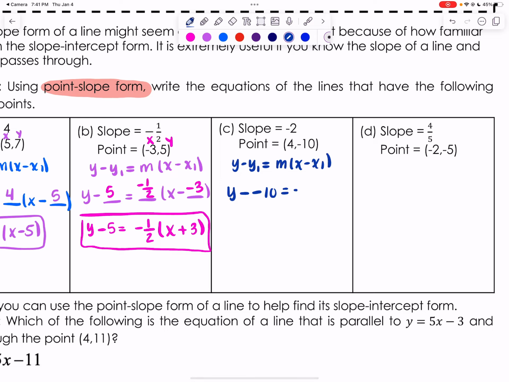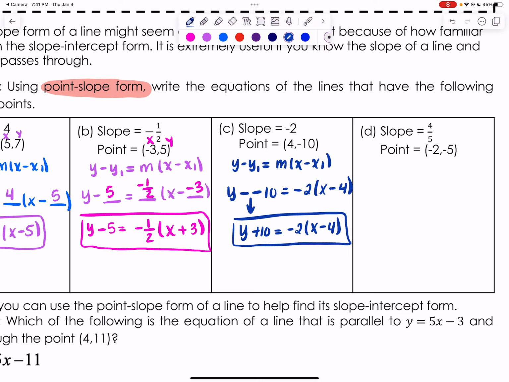My slope is -2, and then the x value of my point is a 4, so I just do minus 4. Now we clean it up because we don't want to have double negatives or plus minus anywhere. So I'm going to change this negative to a plus. So this becomes y plus 10 equals -2 times x minus 4. And that would be our final answer.